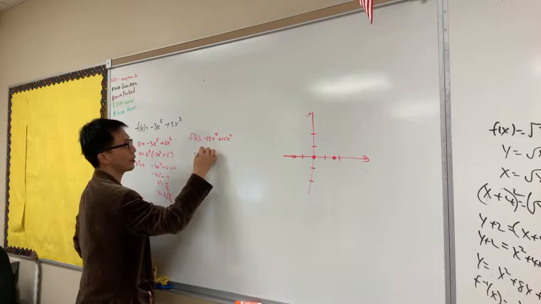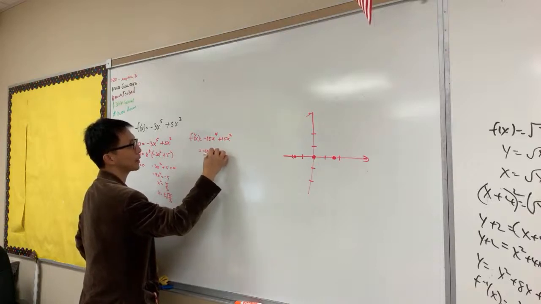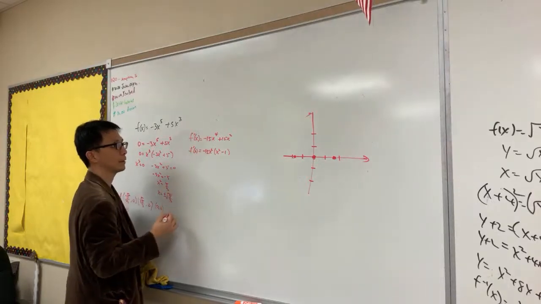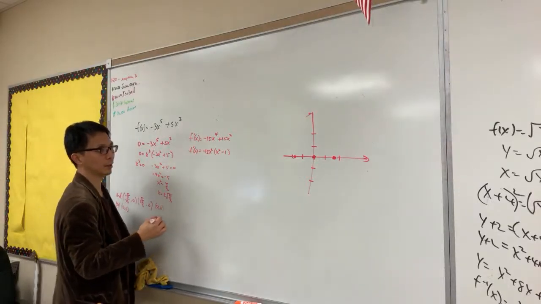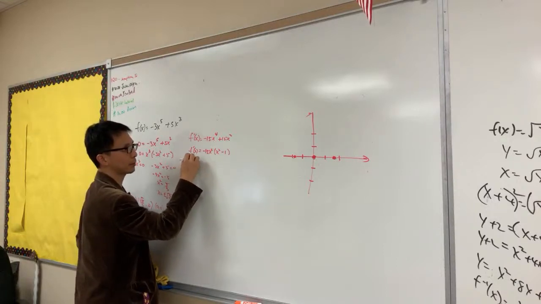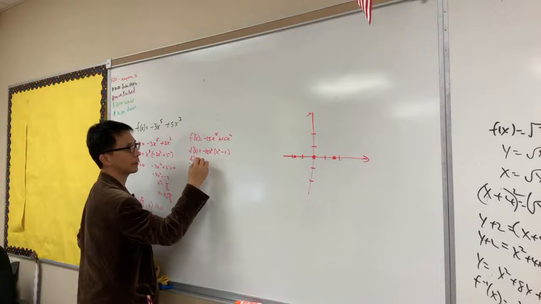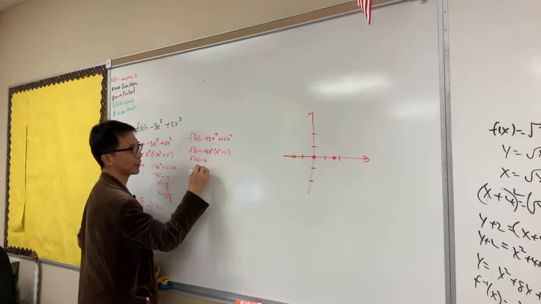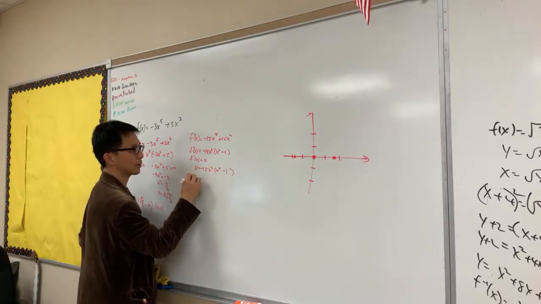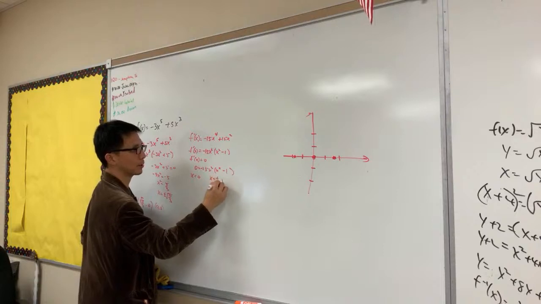I can factor out negative 15x squared, leaving x squared minus 1. So what's the critical number? 0 equals negative 15x squared times (x squared minus 1), so x equals 0, and x equals plus or minus 1.